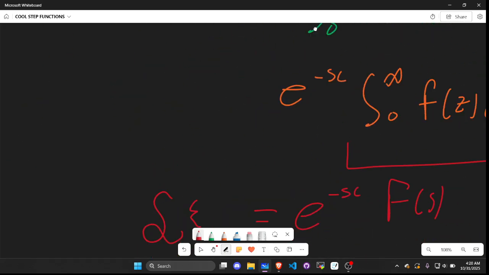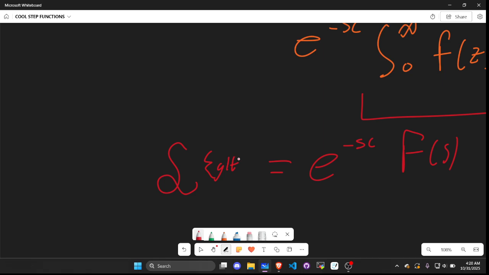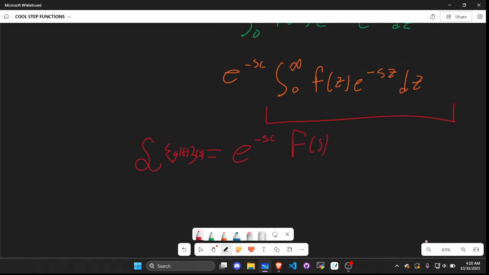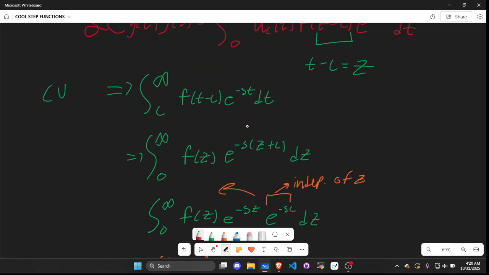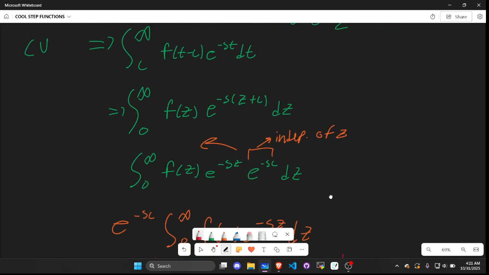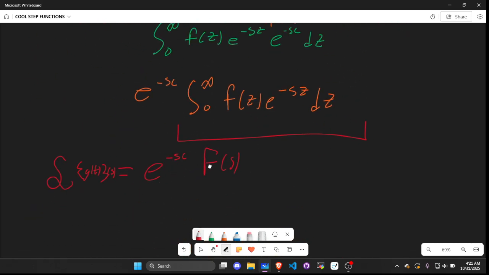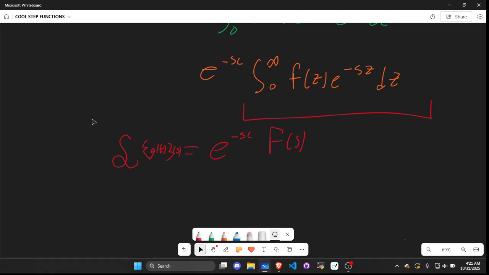The Laplace transform of g of t will always be this, where f of s is the value outside of the Heaviside, our f of t minus c, but shifted back. And then the Heaviside function basically gets turned into this e to the negative sc. So this is a very important general form that we could use.